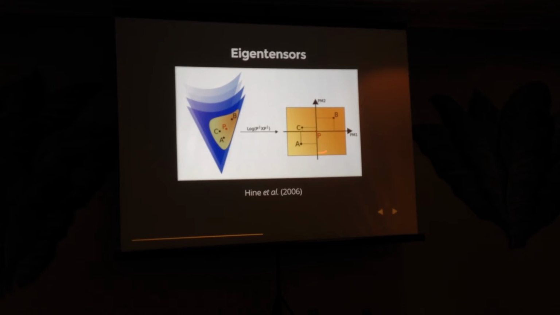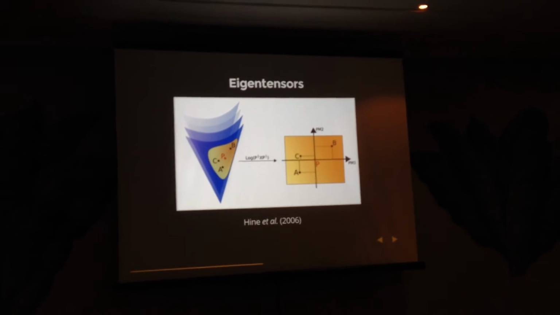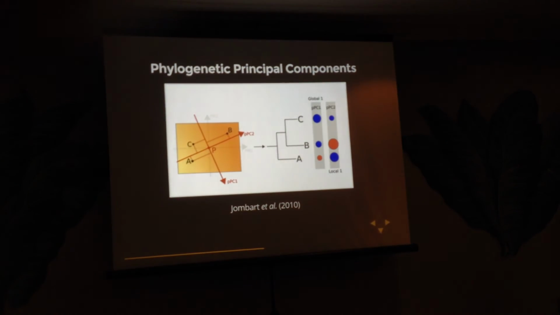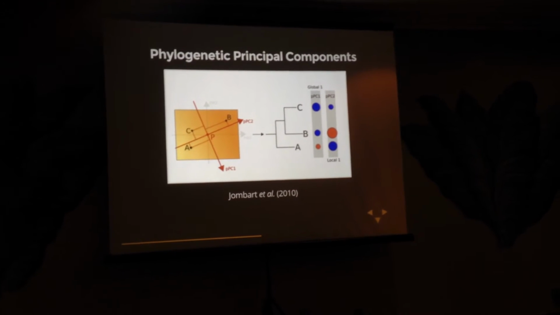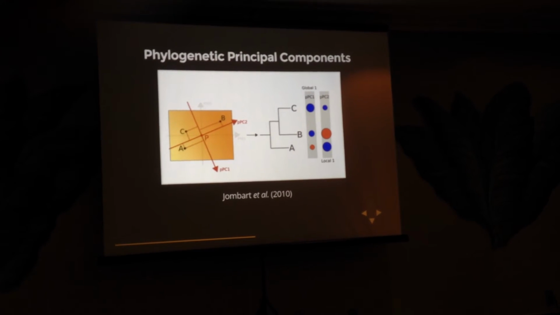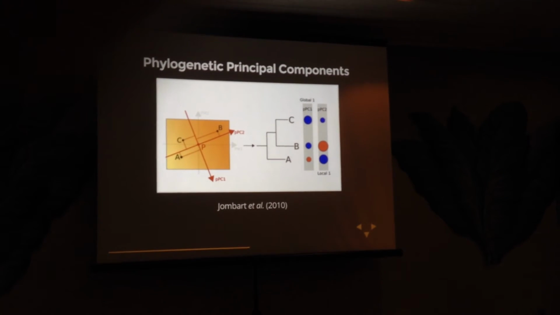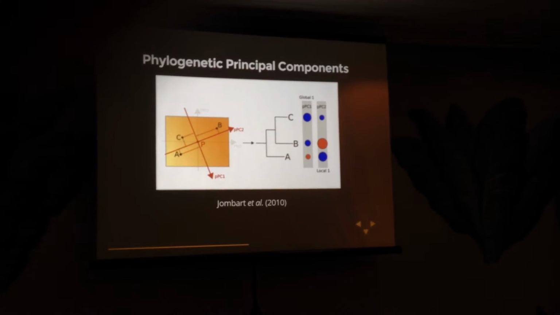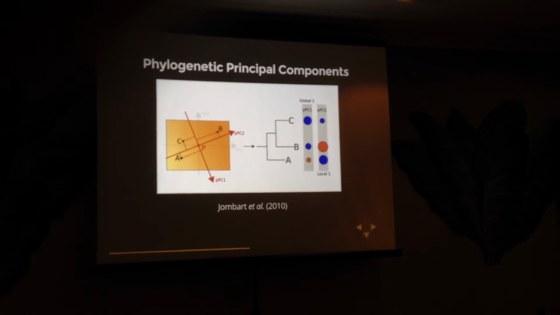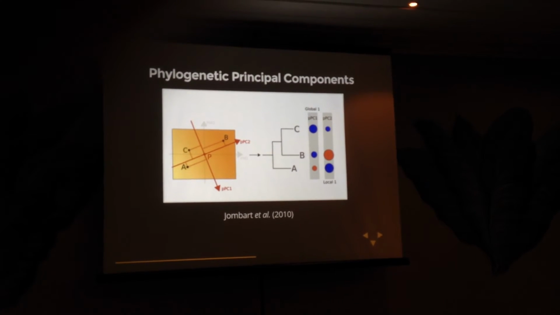So this is like an axis of matrix variation. And we use the projections of these matrices over these axes to do another principal component analysis. But this time we account for the phylogenetic structure associated with this taxon. So it's kind of a reorientation of the space that accounts for the phylogenetic structure of the space.